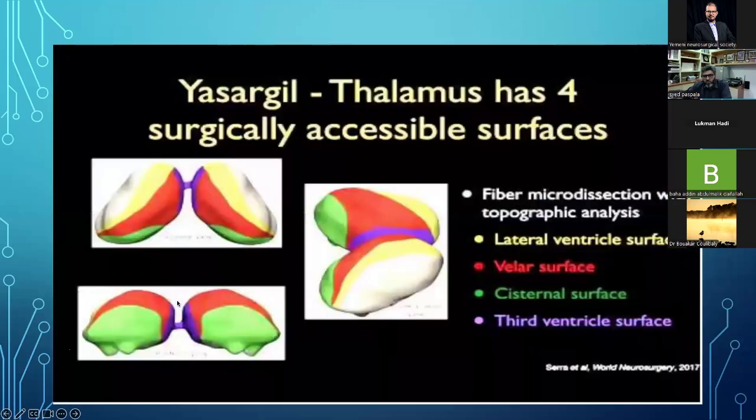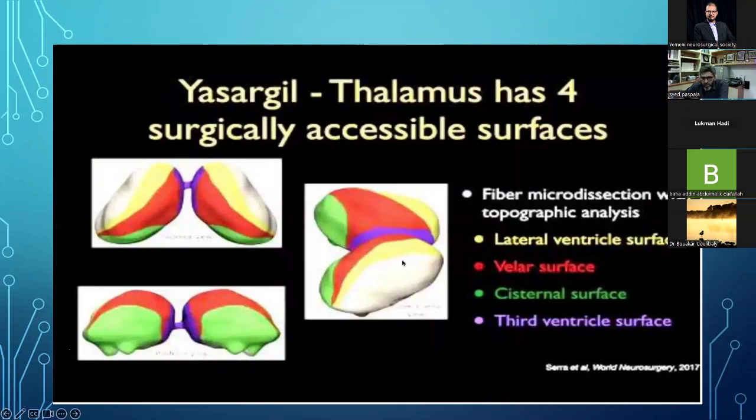And when we think about excisions, as I was telling you in the details of the macroscopic anatomy of the thalamus, there are 4 described surgically accessible surfaces of the thalamus by Yasargil.